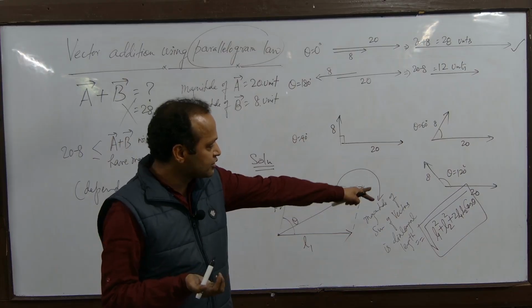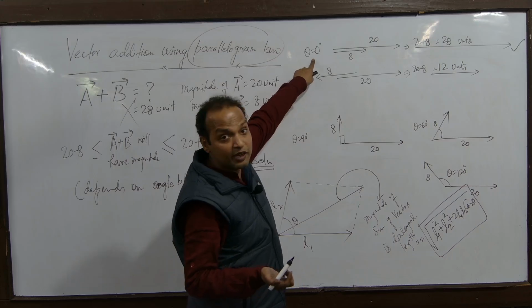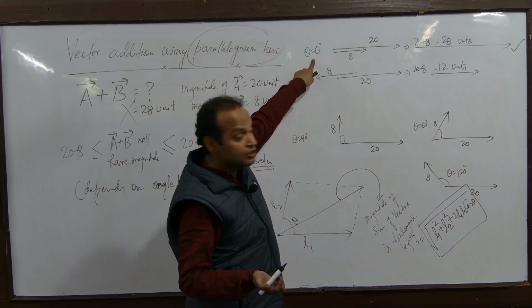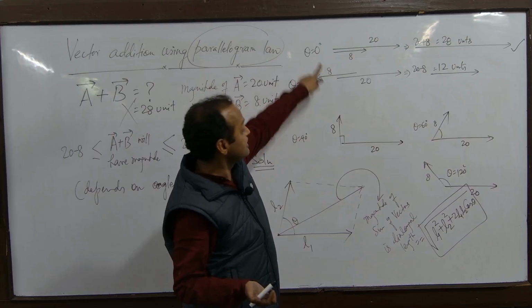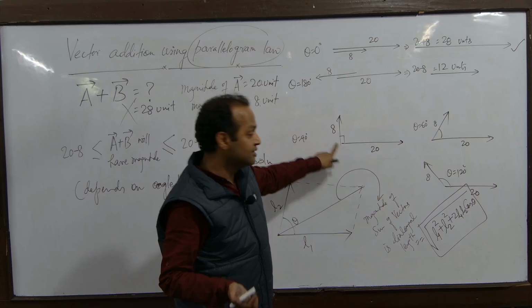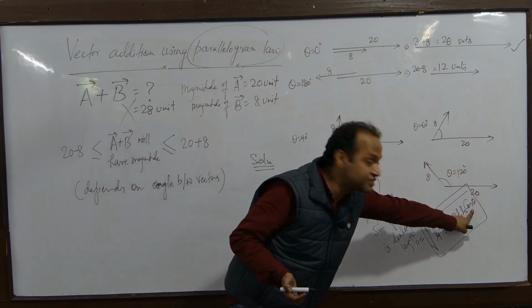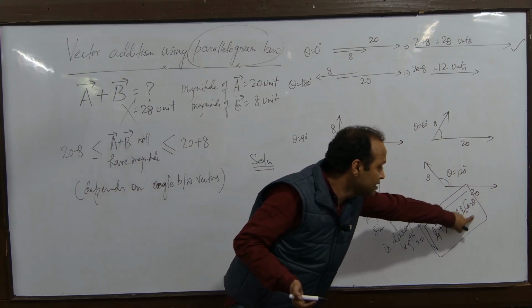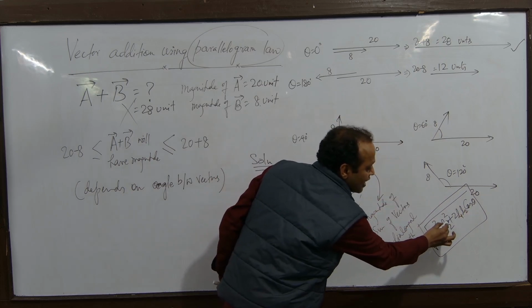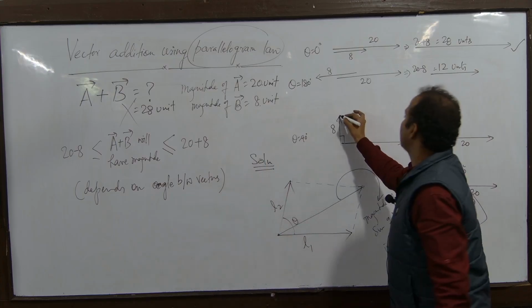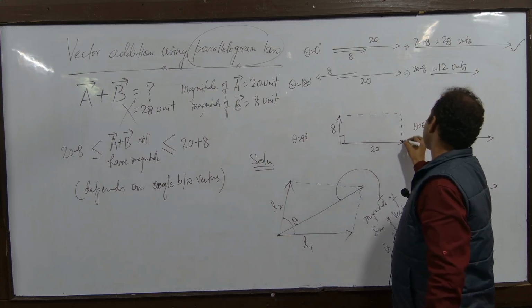Okay, put value theta equal to 0 degree. You will get L1 plus L2. And put theta equal to 90 degree. Cos 90 is 0. This will become 0. The answer will be the square root of L1 square plus L2 square. You already know this from Pythagoras.